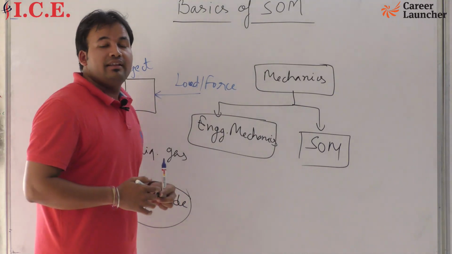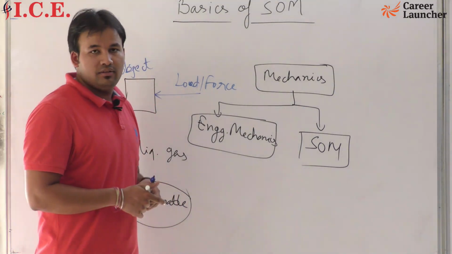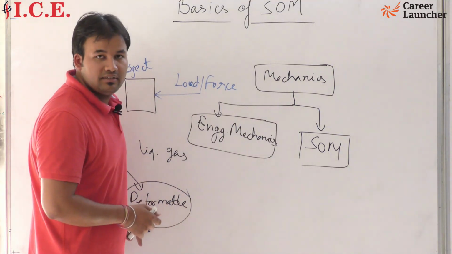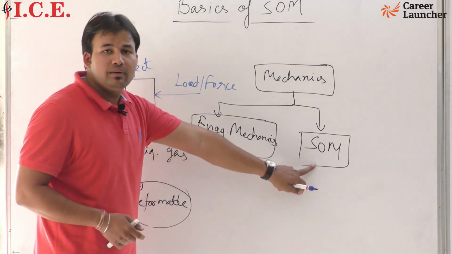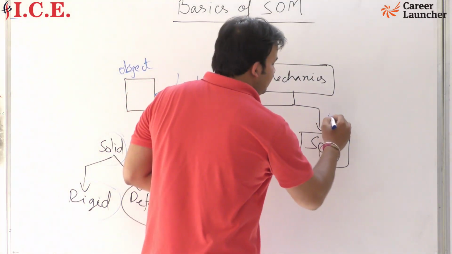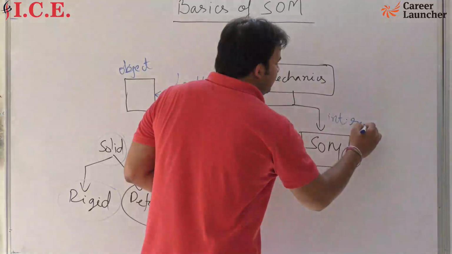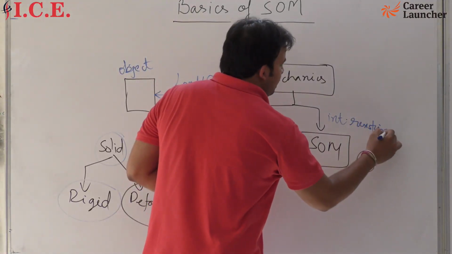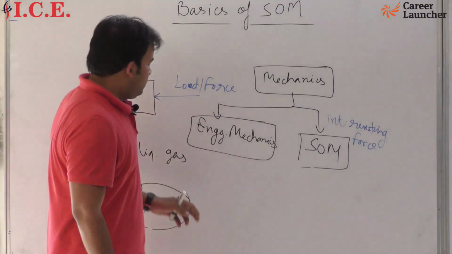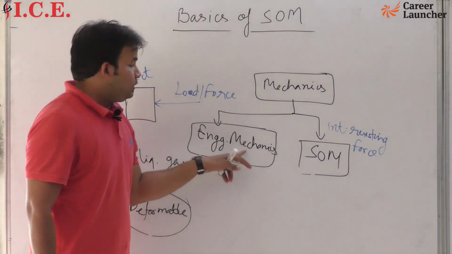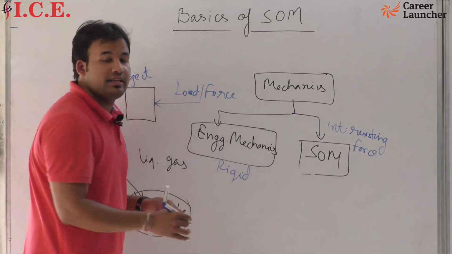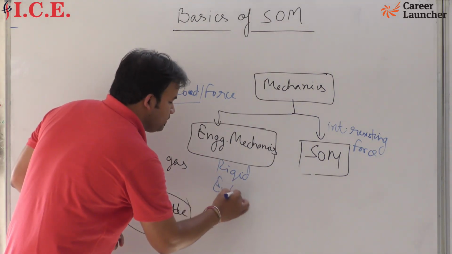It means in the strength of material subject, we have to deal with the deformable object, as well as the internal resisting force. Here I am writing internal resisting force. So here we saw that your object is rigid and your force is external force.